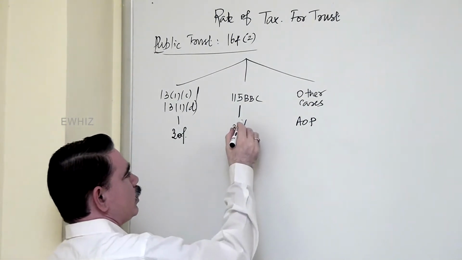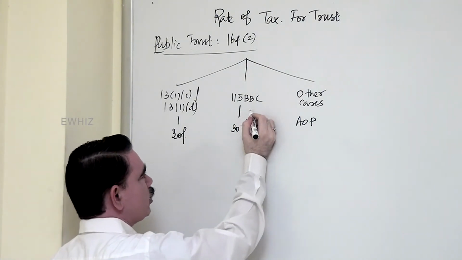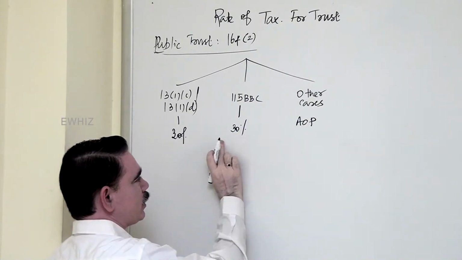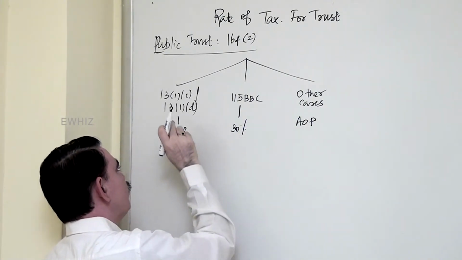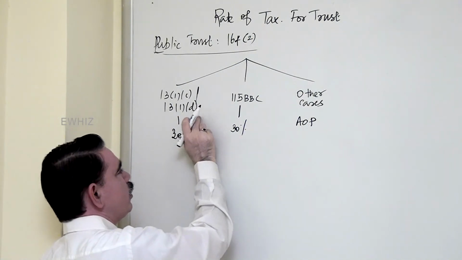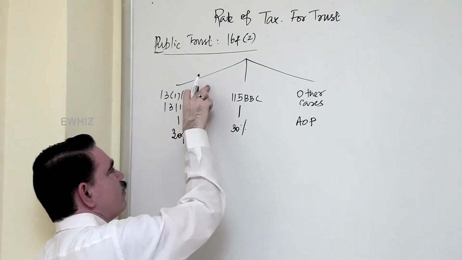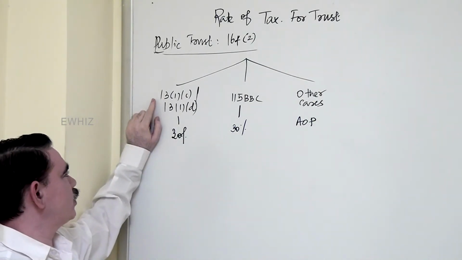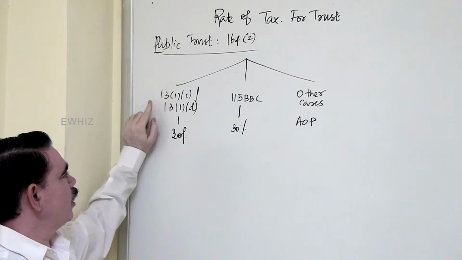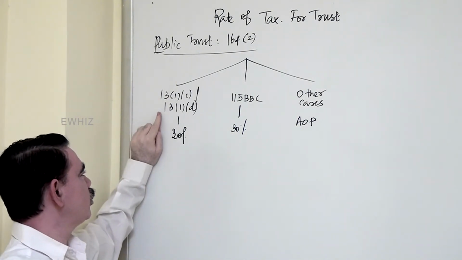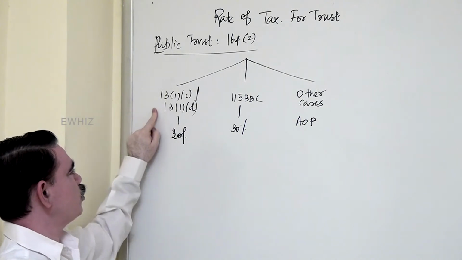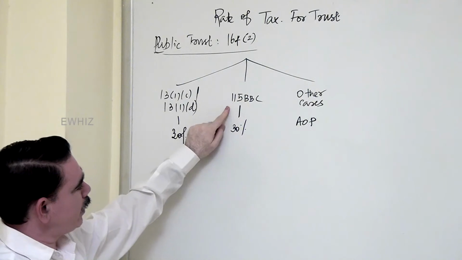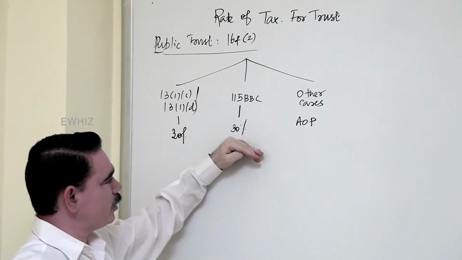Now here, whatever you exclude, that 5% of the total donation or 1 lakh, whichever is higher, need not be applied for charitable purpose, that need not be considered, it can be excluded. Because of violation of 13(1)(c), 13(1)(d), the amount of income applied directly or indirectly for the benefit of the specified persons, and the amount remaining invested in a mode other than 11(5), these portions will be chargeable to tax at 30%. 115BBC, excluding the threshold, the balance will be chargeable at 30%.